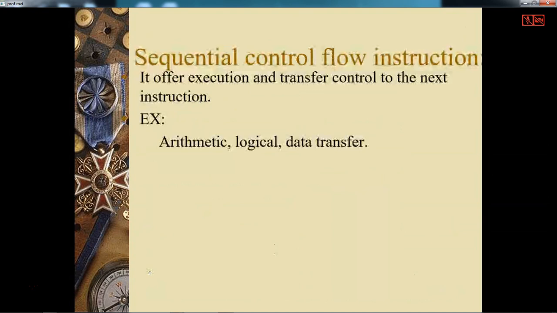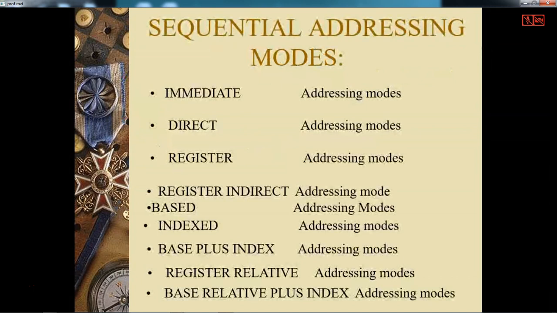The addressing modes are called immediate addressing mode, direct addressing mode, register addressing mode, register indirect addressing mode, based addressing mode, indexed addressing mode, based plus index addressing mode, register relative addressing mode, and base relative plus index addressing mode.